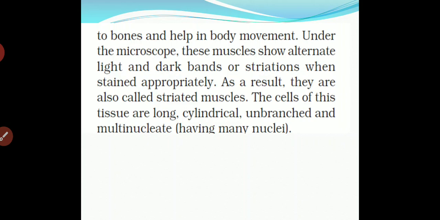So the cell is long and cylindrical, unbranched, and in the cell multiple nuclei are present, so it is said to be multinucleate. So in the cells of this tissue there is a presence of long, cylindrical, unbranched, multinucleate cells having many nuclei.